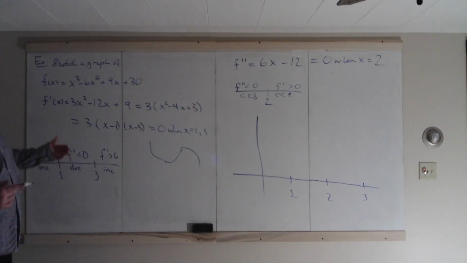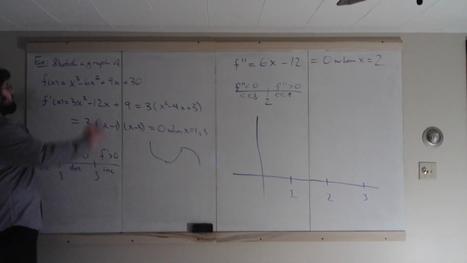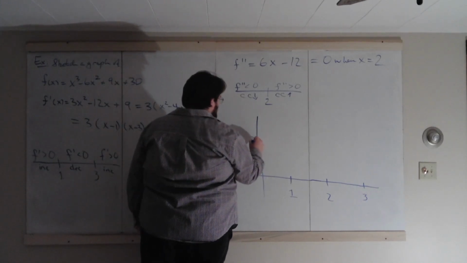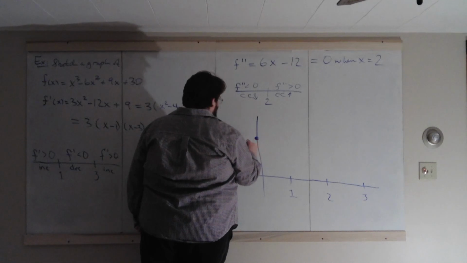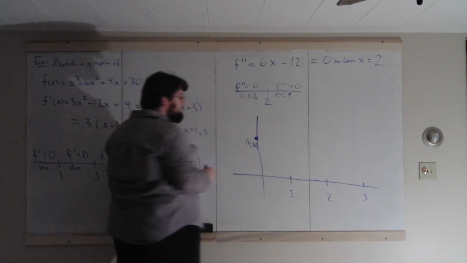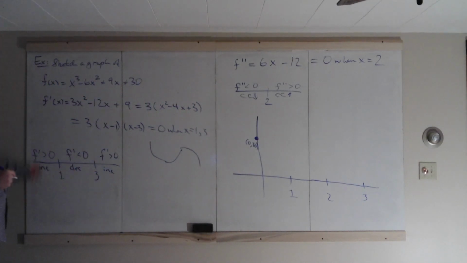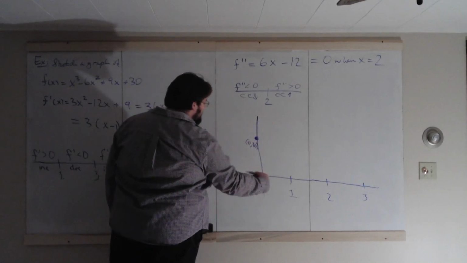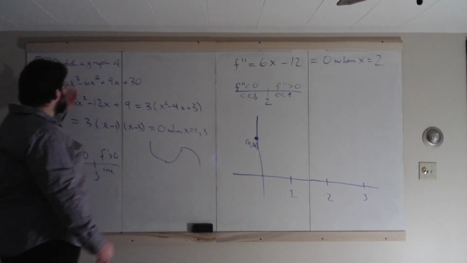So when we're doing a sketch, the first thing I do is mark off the y-intercept, which in this case is 30. Remember, the y-intercept goes over 0 and up something. So over 0 would mean x equals 0.